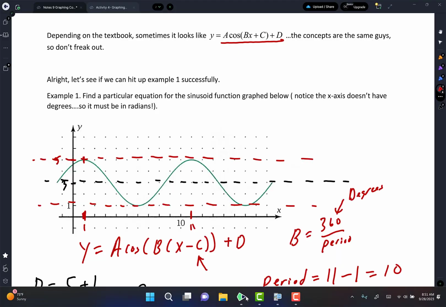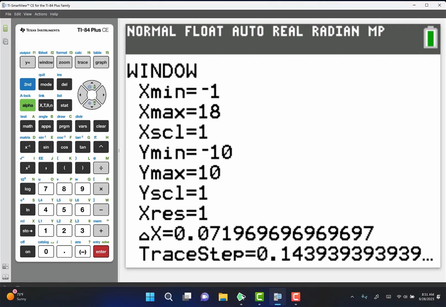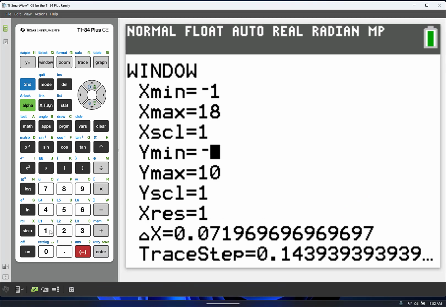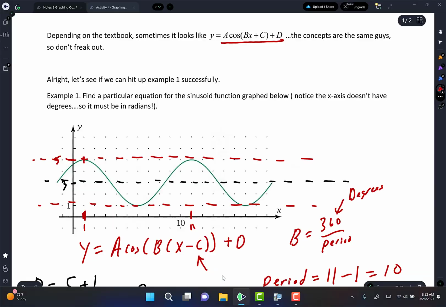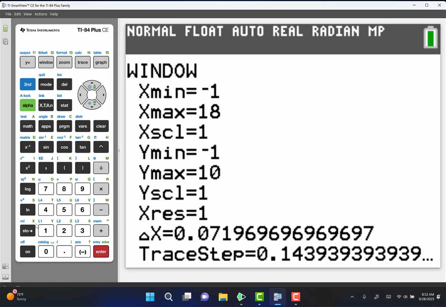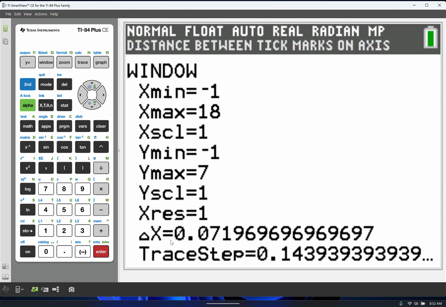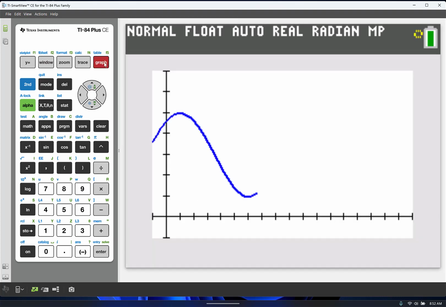Y min: on this graph I know the smallest y value is 1, but on this graph it looks like it goes all the way to -1. So I'll put -1. And then y max, let's see, 5, 6, 7. So it looks like 7. And then y scale, that's fine. Leave the x resolution and delta x alone. And there it is.